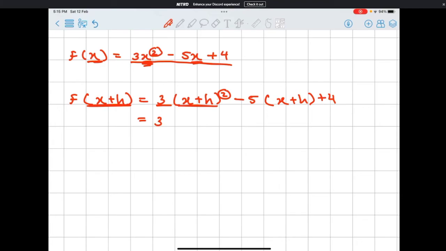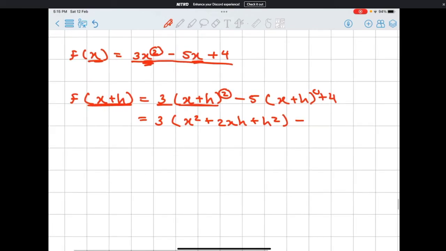So this is going to stay as this 3, and this is going to turn into x squared plus 2xh plus h squared. And then minus, here, because there is no exponent, we can distribute the 5, so that's negative 5x minus 5h, and then plus 4.